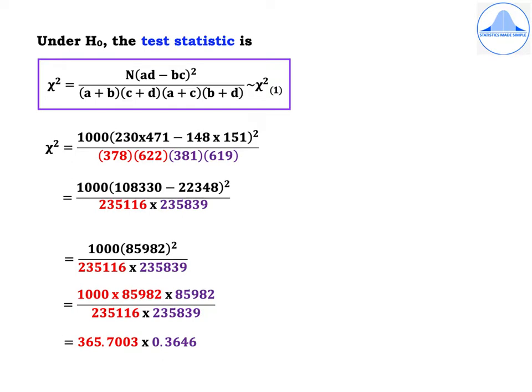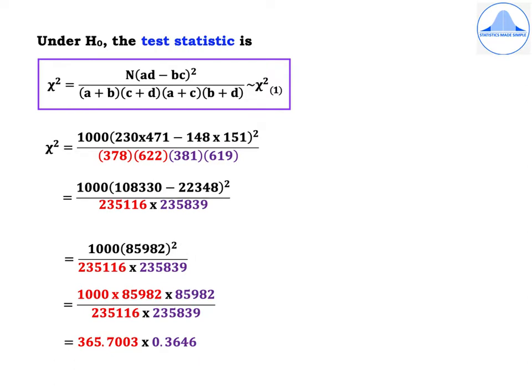So in the numerator we now get 1000 into 1,08,330 minus 22,348 the whole square, divided by, I have multiplied the totals in red color in the denominator and got 2,35,116, and when I multiply the two values in purple color in the denominator, I have got 2,35,839.